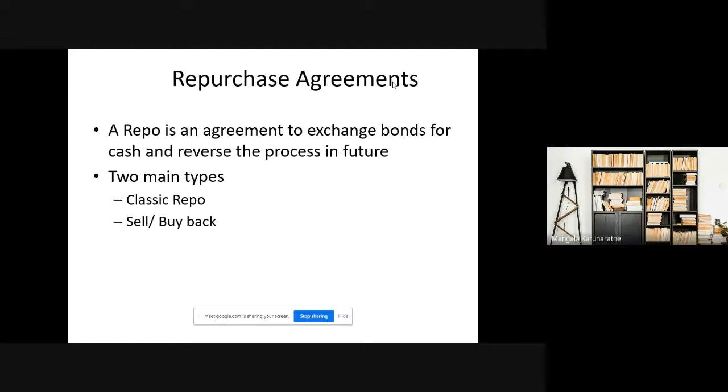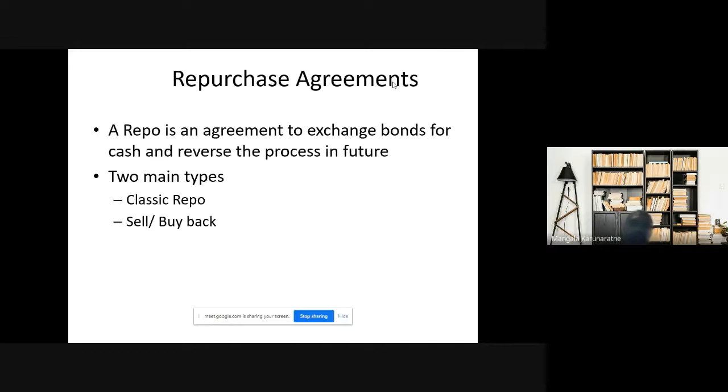So it's like two outright transactions, an outright sale and an outright purchase, right? That is the main difference, and due to that there won't be any margin attached to sell and buyback. When I say margin, you may wonder what it is if you are not familiar with this word. Margin is the haircut.